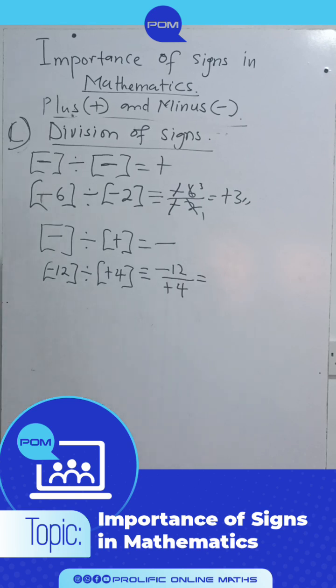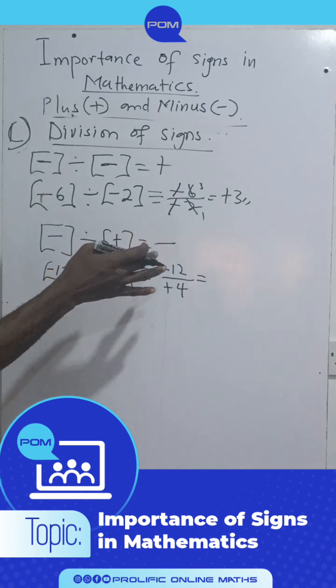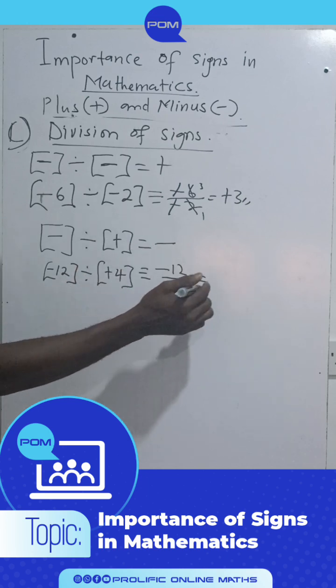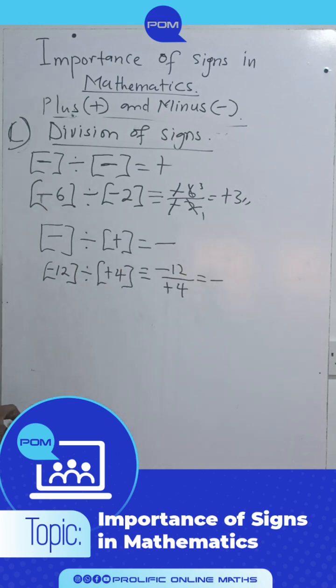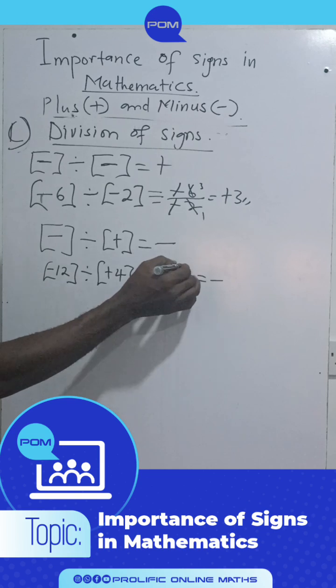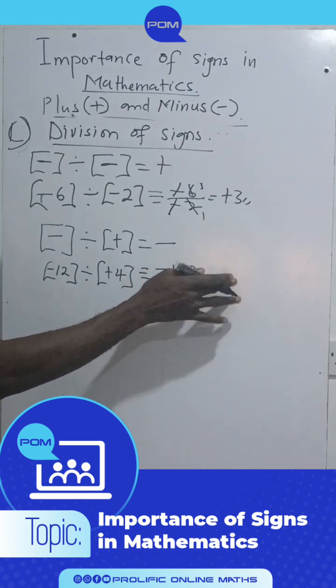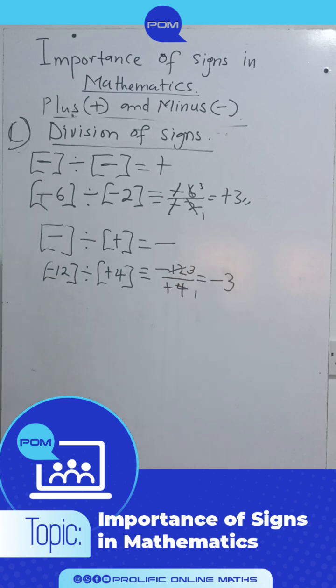Remember, when positive divides negative, or when negative divides positive, we are going to have negative. And 4 here 1, 4 here 3. So you have negative 3 as your answer.